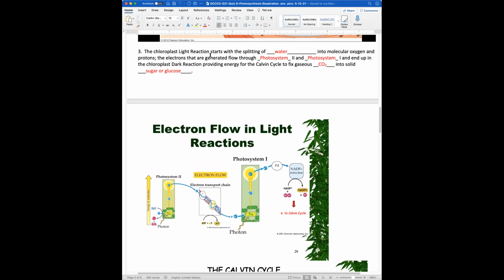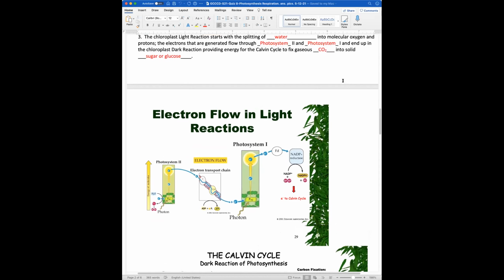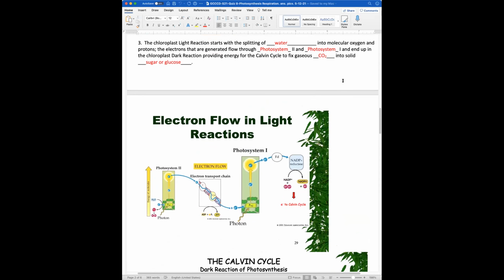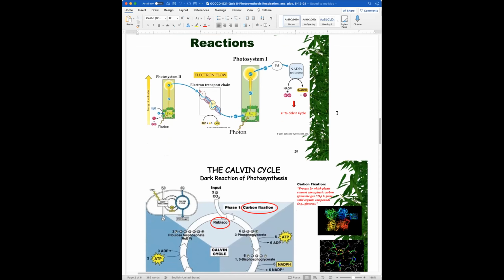The electrons that are generated flow through photosystem 1, shown here, and photosystem 2, and then photosystem 1, and end up in the chloroplast dark reaction, providing energy for the Calvin cycle to fix the gas carbon dioxide into solid sugar.